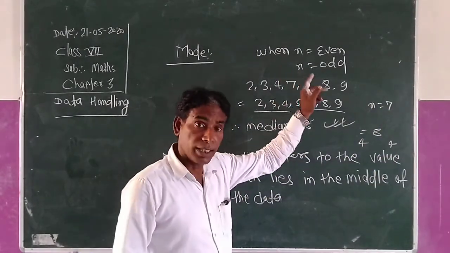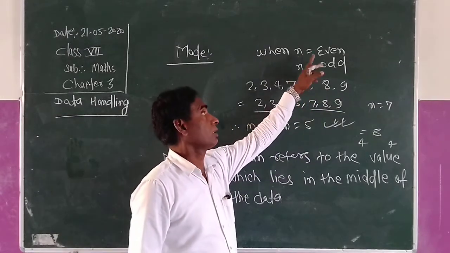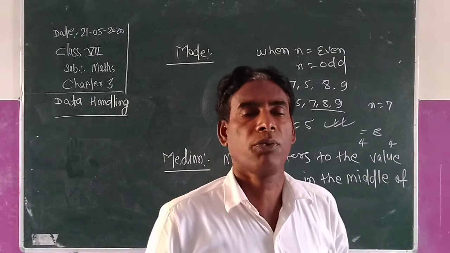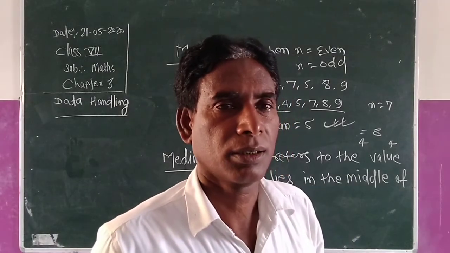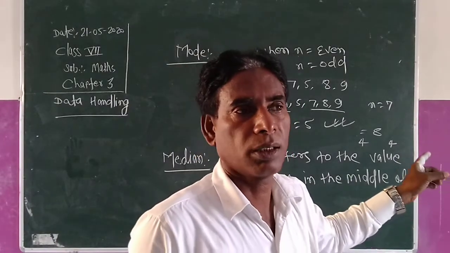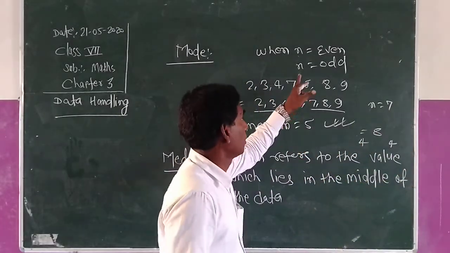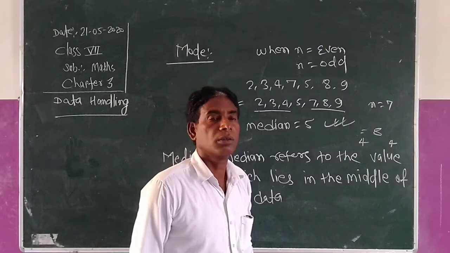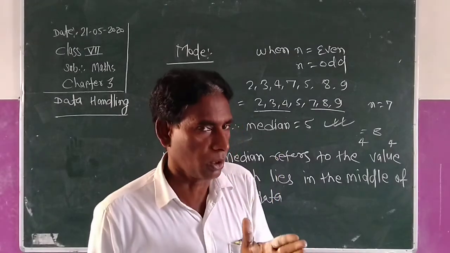Similarly, in the next class you will study n is even. When the number of observations is even, how will you find the median? It has a formula. And when n is odd, how will you find the median? It also has a formula.